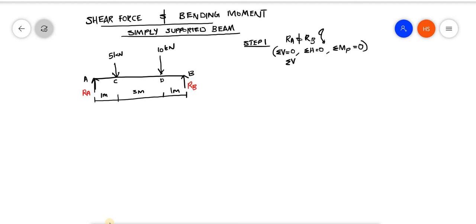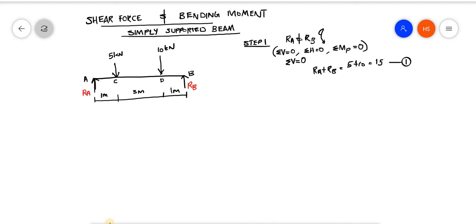The vertical forces acting are RA, RB, 5 and 10, and the sum should be 0. RA and RB are taken in the upward direction, so RA plus RB should be equal to 5 plus 10, that is equal to 15. That is the first equation.